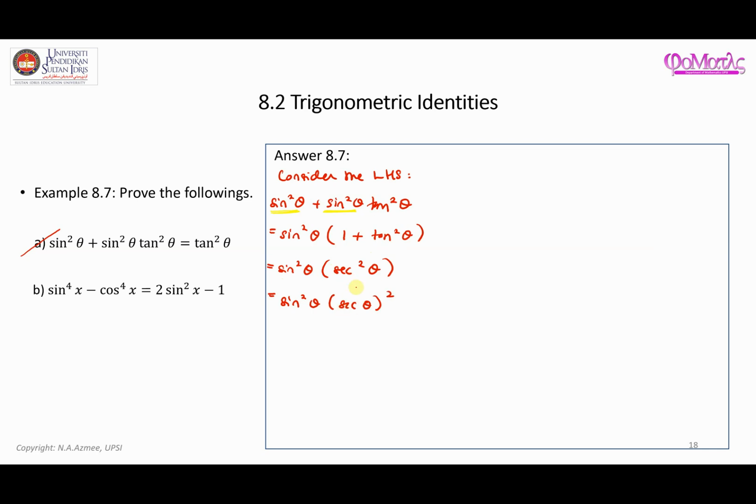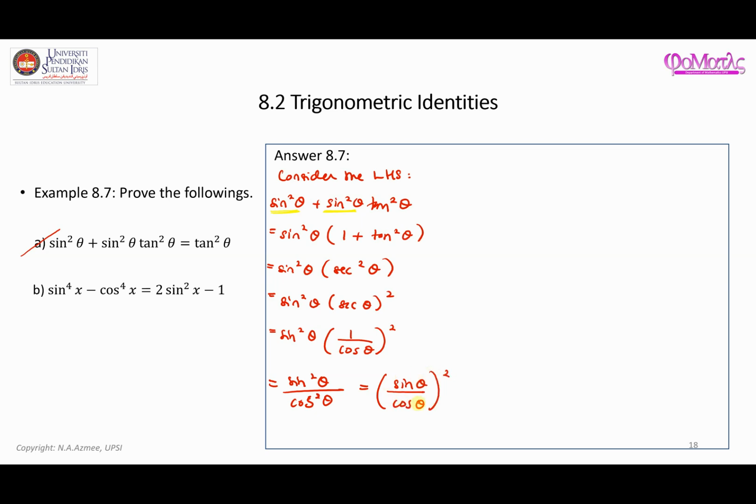So this is the same thing. Now what is secant? Secant is just 1 over cos. So 1 over cos theta squared, and that can be simplified if you put in sine squared theta: sine squared theta over cos squared theta, and this is the same thing as sine theta over cos theta squared.